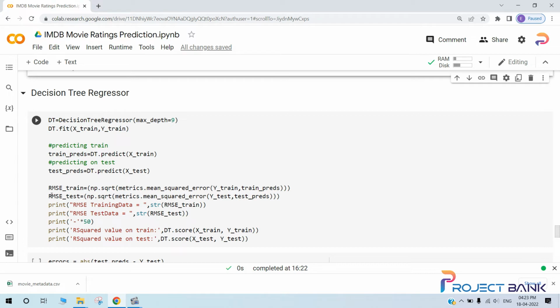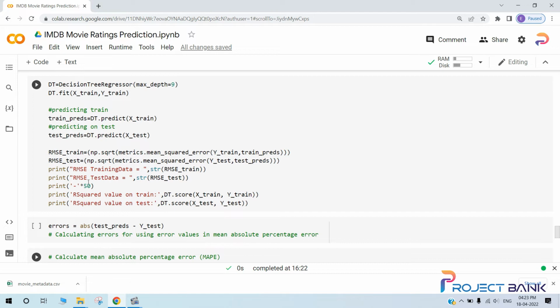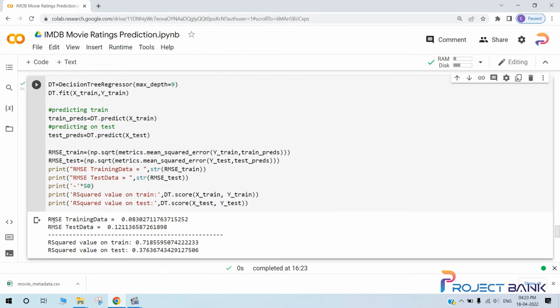Here also we have calculated the root mean square error for y-train and y-test predicted data, and then we have printed the values. So let's run this cell. Here the RMSE on training data is 8 and the RMSE on test data is 12, and the R squared value on the train data is 71 and on the test data it is 37.